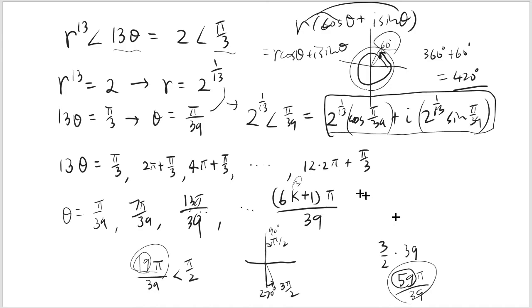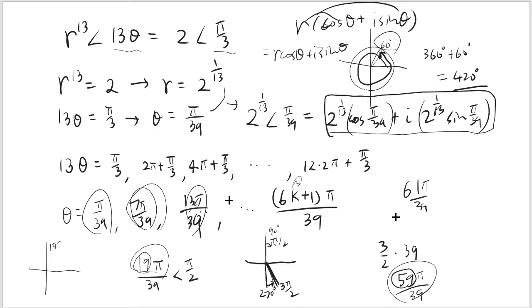So see, what happens is, if you have 6 times 10 plus 1, 61 pi over 39 is the first one that's after it. And then the one before it would be 7 pi over 39. Here's how it works. You have 4 numbers before the first quadrant.